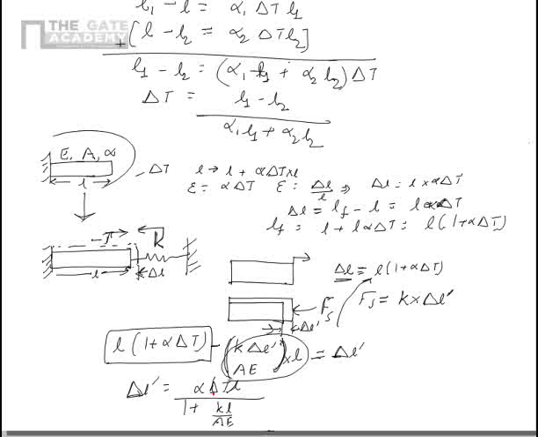Now please see, if we are given a problem in which there is no spring, obviously we can simply put K equal to 0 and we get free expansion.